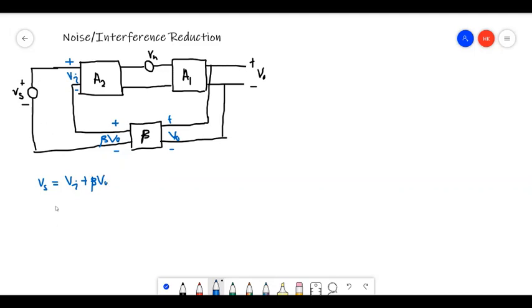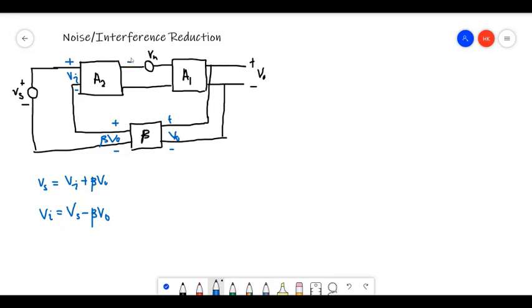So the input voltage Vi can be written as Vs minus beta times V out, right?